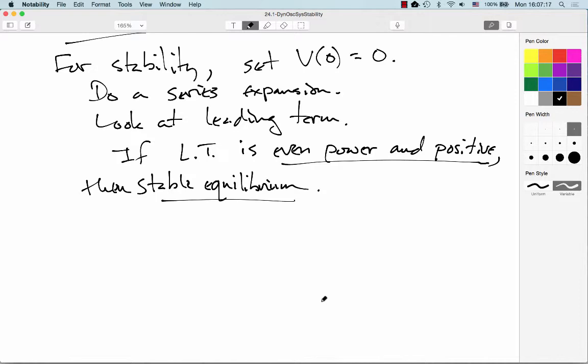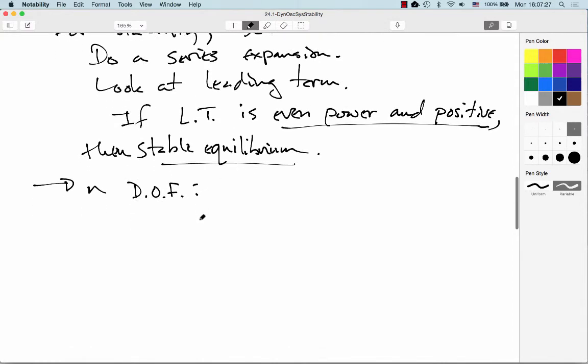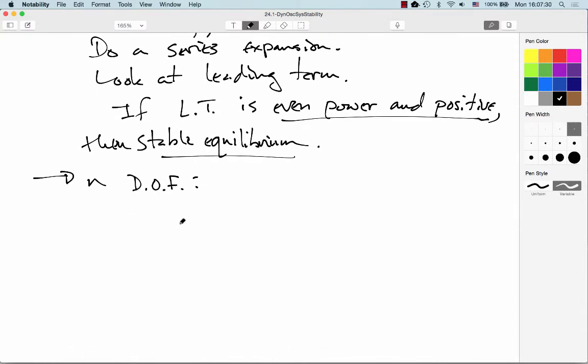All right, so let's expand this thought. What if we have more than one degree of freedom? Let's say we have n degrees of freedom. We're still going to require that our generalized forces vanish at equilibrium.